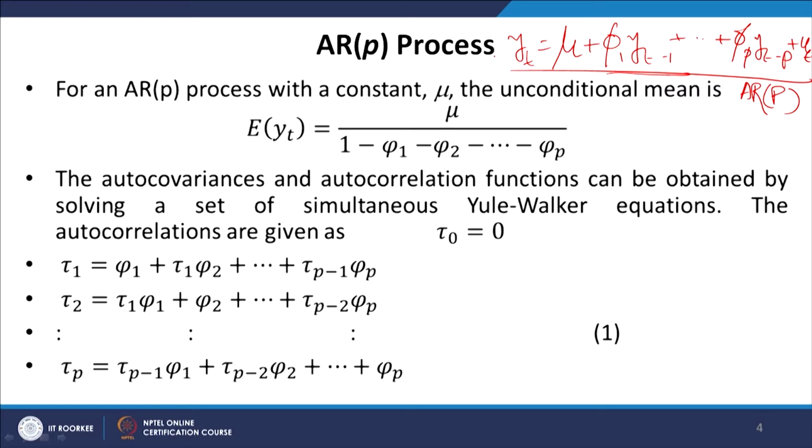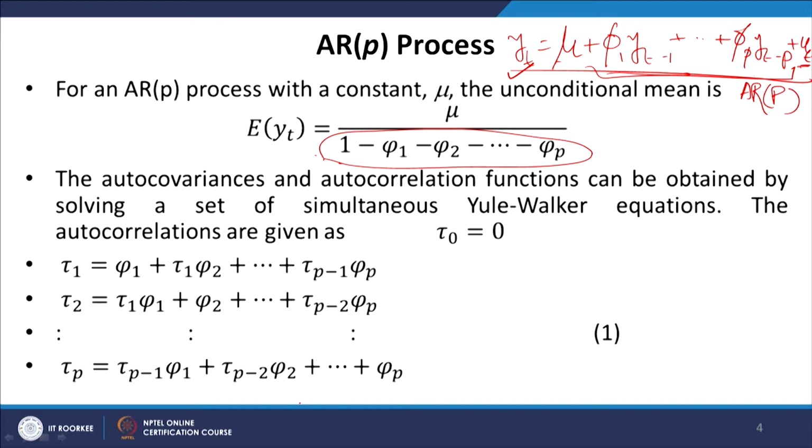We take all the lagged values to the left-hand side, and this comes to the denominator. The expected value of ut is equal to 0. So, mu divided by 1 minus phi 1 minus phi 2 up to phi p is our unconditional mean.